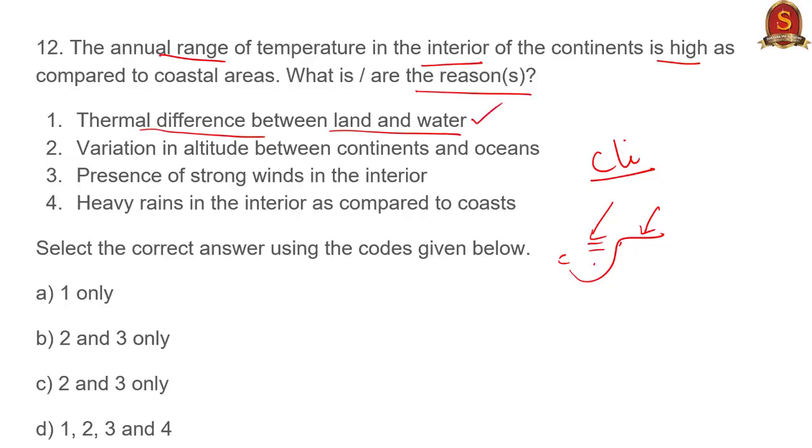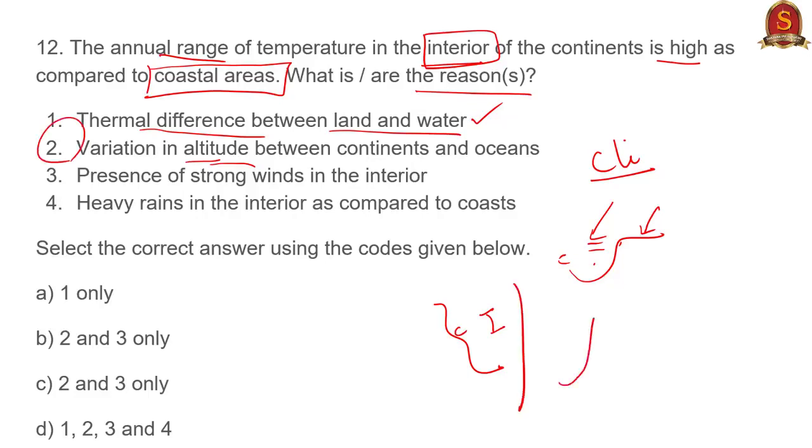Look at statement 2. Variation in altitude between continents and oceans. Now, look at the question very carefully. The question says you're talking about variation in coastal areas and variation in the interior of the continent. So, you're talking about interior versus coast. You look at the second option, it says variation in altitude between continents and oceans.